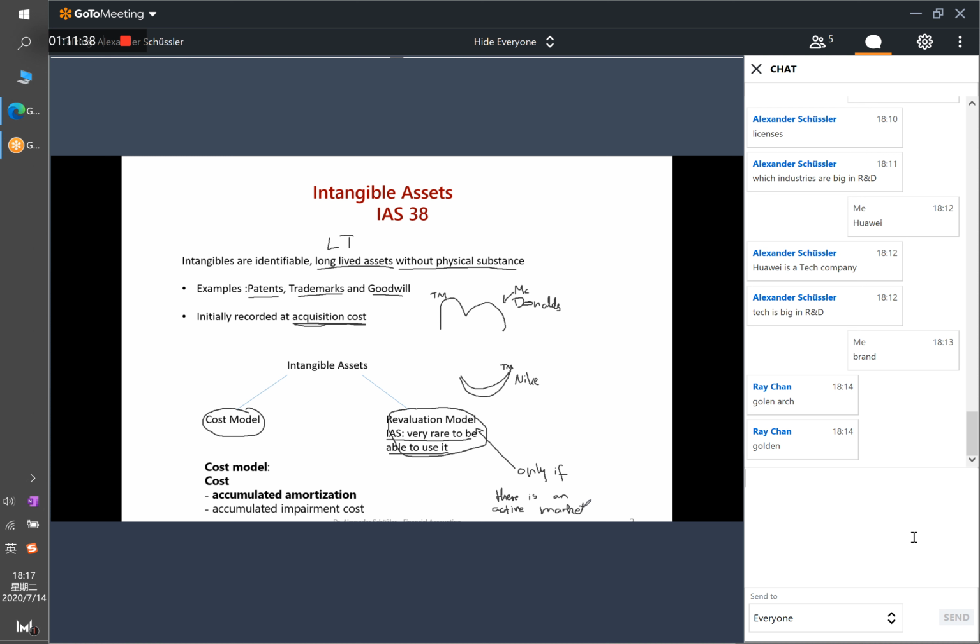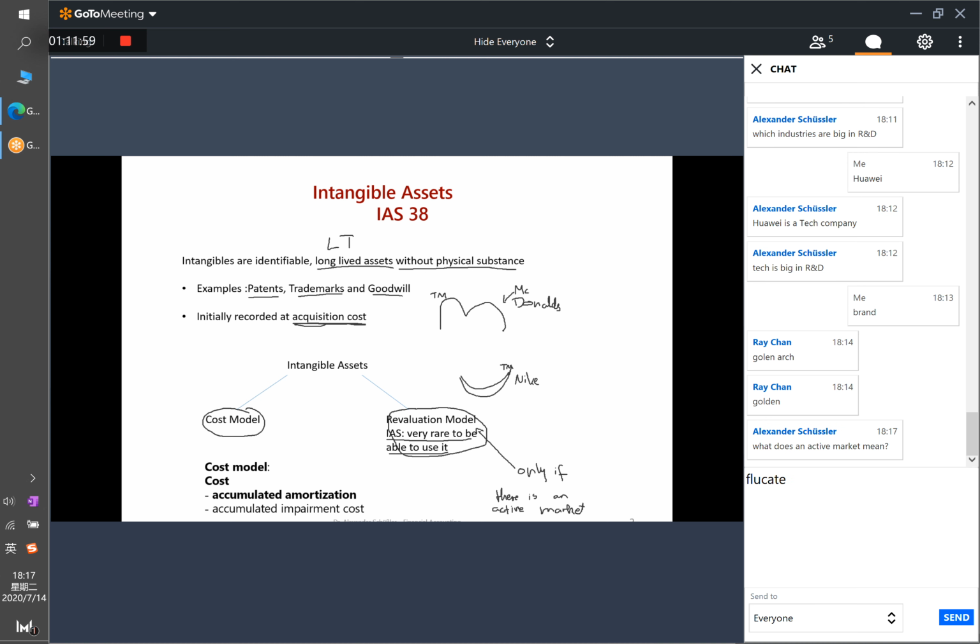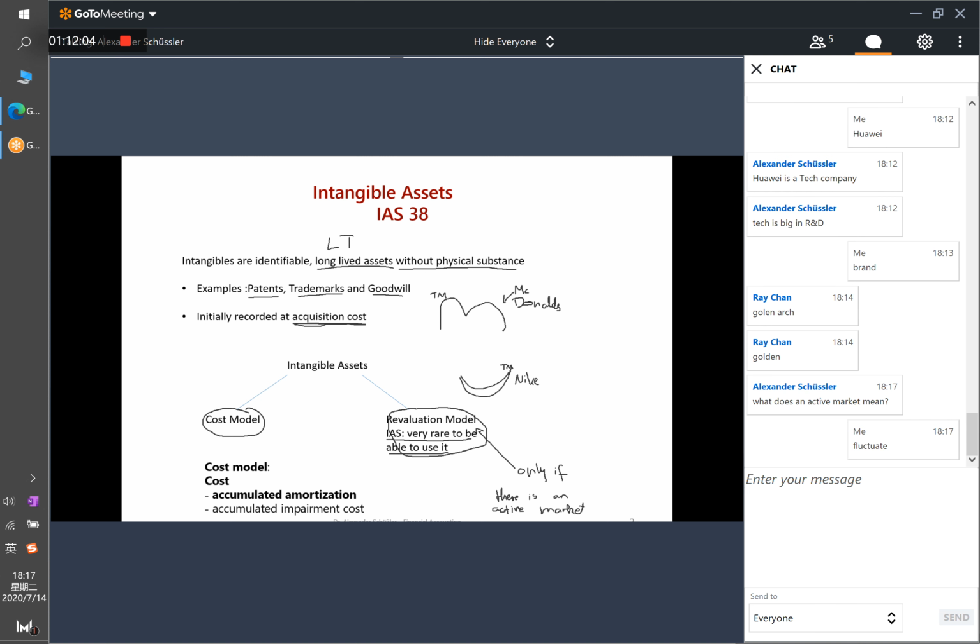What does an active market mean? It fluctuates, but an active market also means that those assets have to be sold frequently.